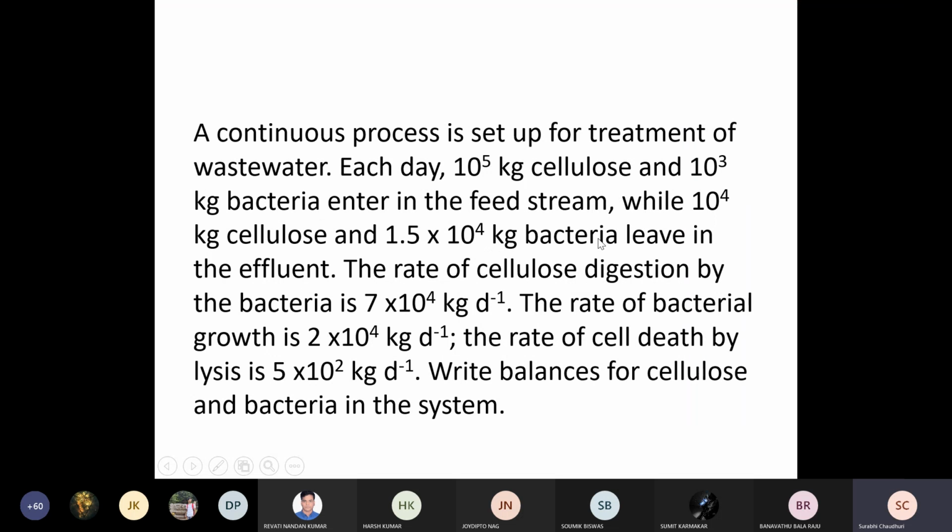We are talking about wastewater treatment, and you understood the material balance, right? Yes, ma'am. Okay, so now the material balance we are using for wastewater treatment. From your common experience, every time when we open the tap, we get clean water.